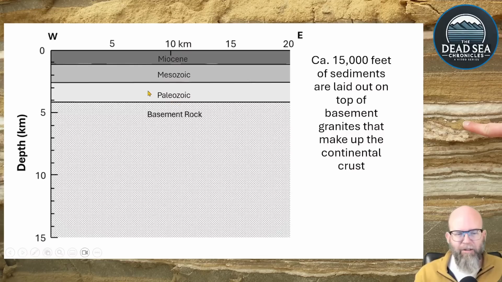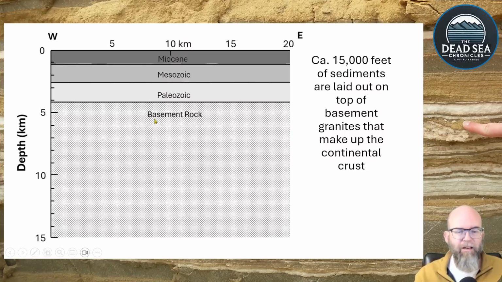And then on top of that, you have layered sediments, or layered rock in this case. A number of different kinds of rock, but all found in layers. There might be layers of volcanic material, layers of chalk, layers of clay or claystone and siltstone and so forth.